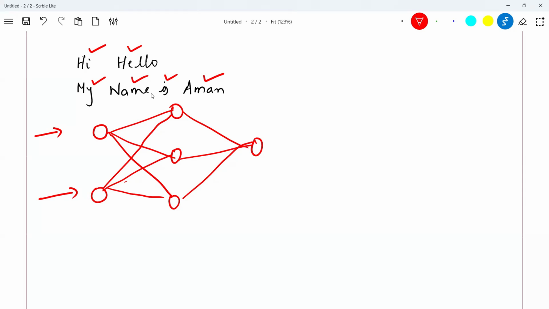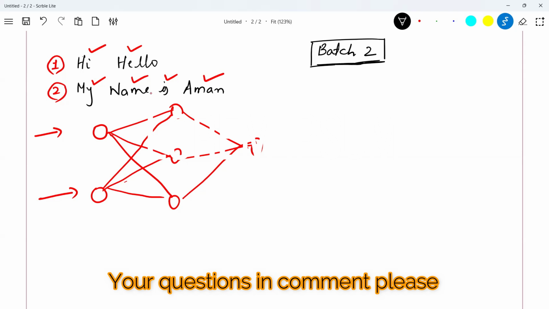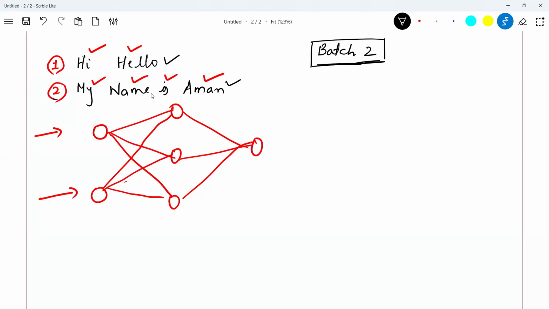Now suppose this is my first entry and this is my second entry. You can simply think of my batch size as 2. There are, let's say, 1 million sentences, but I am sending two sentences together. So my batch size is 2. If my batch size is 2, then these two sentences will go into the model together.